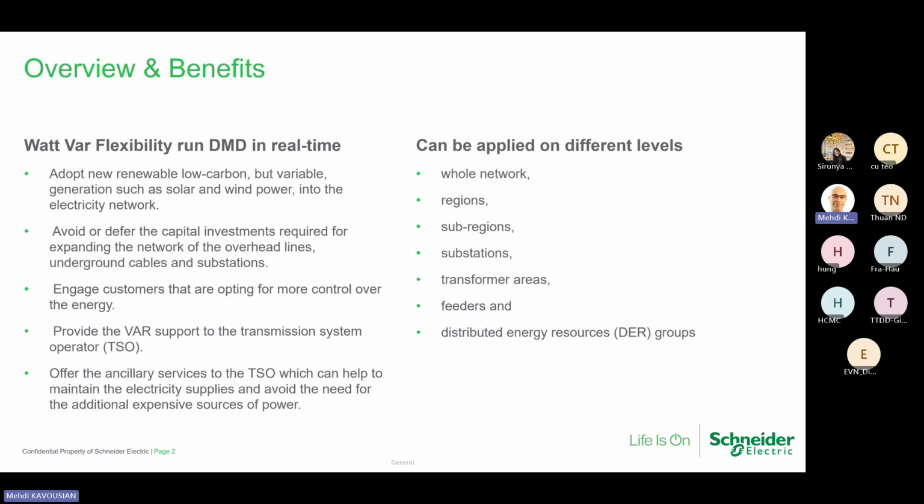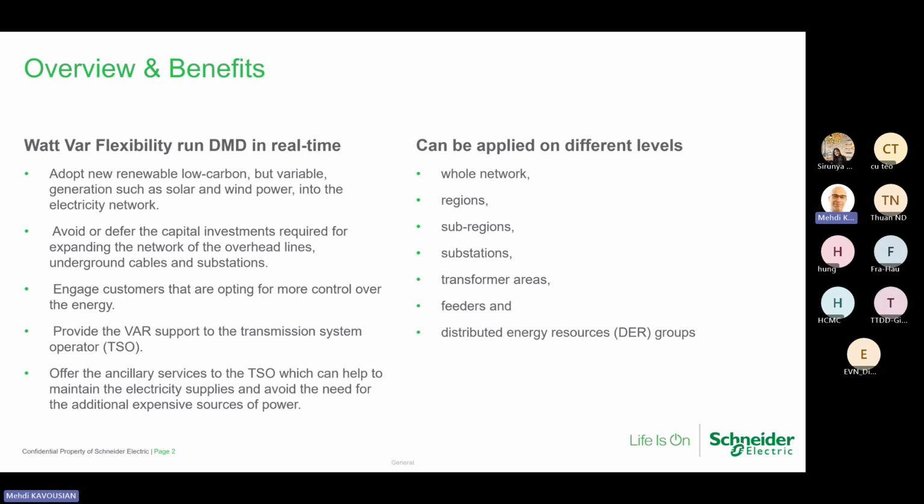When we have a lot of renewables and stuff like that, we want to engage them as much as possible, right? And we want to avoid capital investment, like, let's say you have more load because you have new customers or people have new devices, so you expand roads, those types of things.